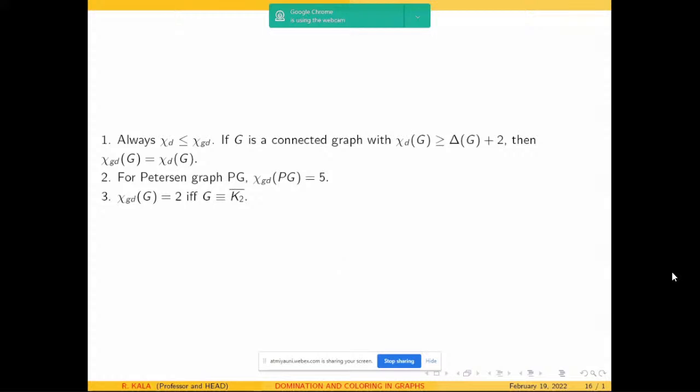So a color class can contain only one vertex. So I have two color classes, each a singleton. And if those two are adjacent, then again it does not have an anti-DOM color class. So they have to be non-adjacent. So my graph is K2 bar.